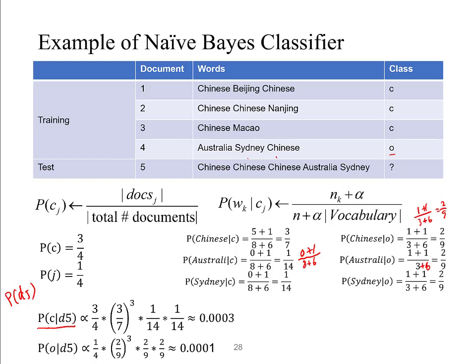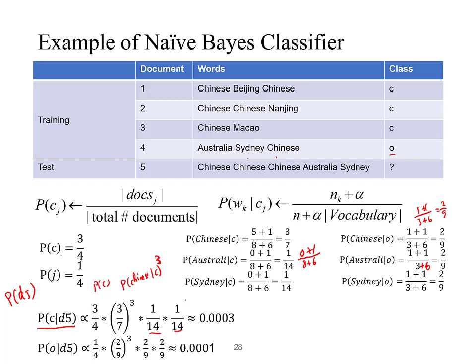All right. So basically, the probability of C given D5 is proportional to the probability of C. So this is the probability of C. This is the probability of Chinese given C, because Chinese appears 3 times in document 5, so we actually have 3 of these multiplied together.